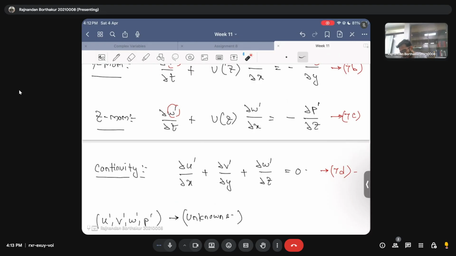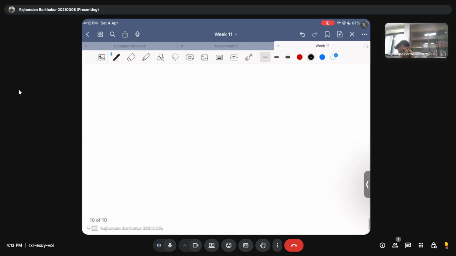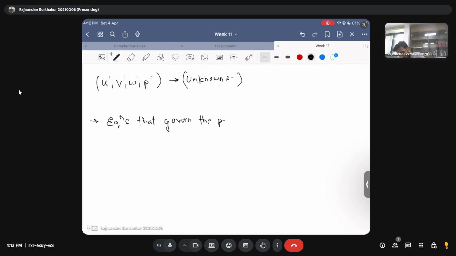So the idea of choosing normal modes is that the equations that govern the perturbations, and by perturbations I mean the perturbed variables, which are basically these, are homogeneous.